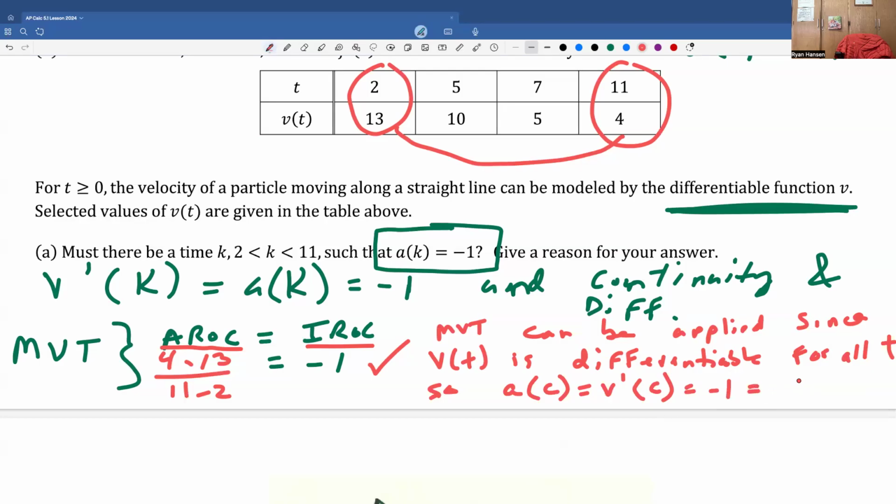And so is the average rate of change, which was v of 11 minus v of 2 over 11 minus 2. Okay. This here is the instantaneous rate of change, and this here is the average rate of change. Is this true? Yeah. So we're still not quite writing these up exactly perfectly correct yet, but we're getting there.